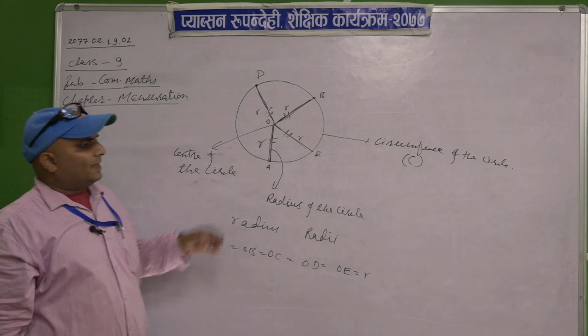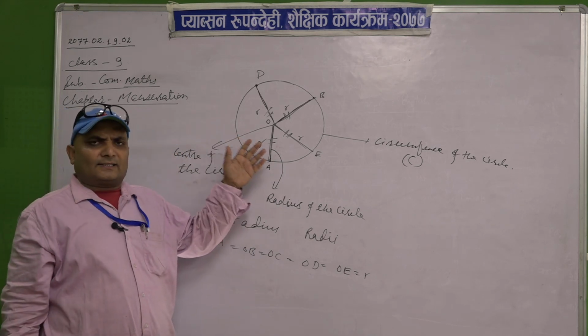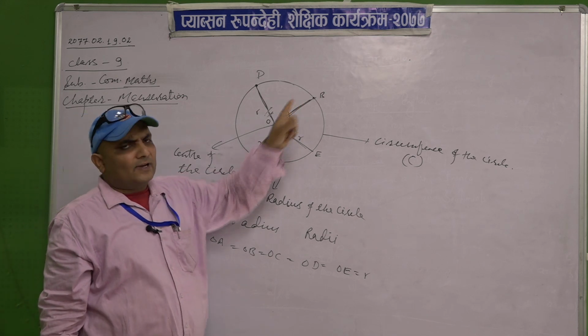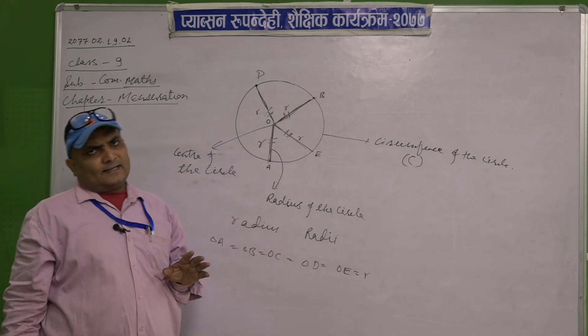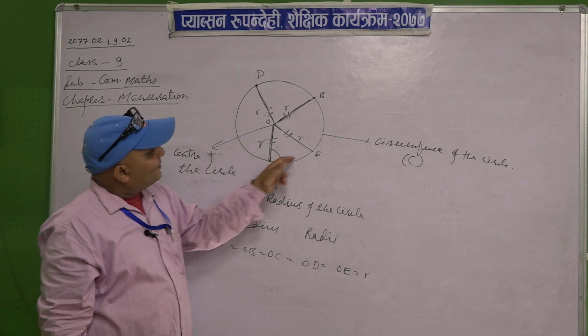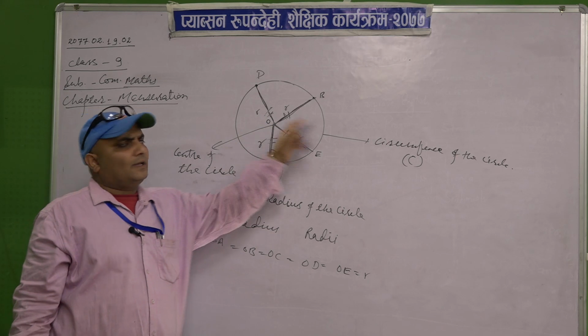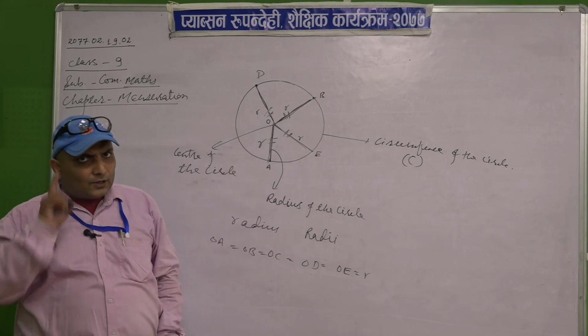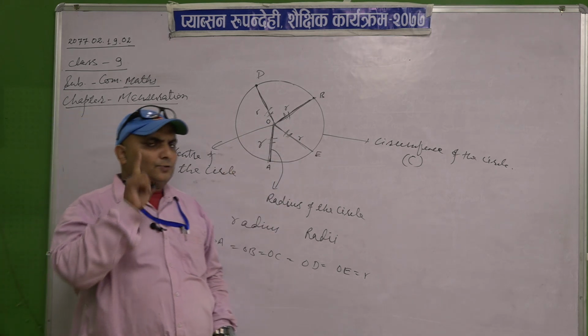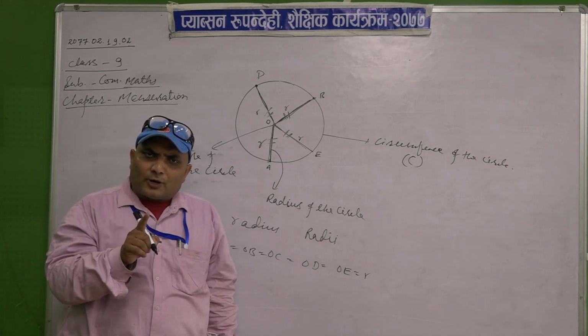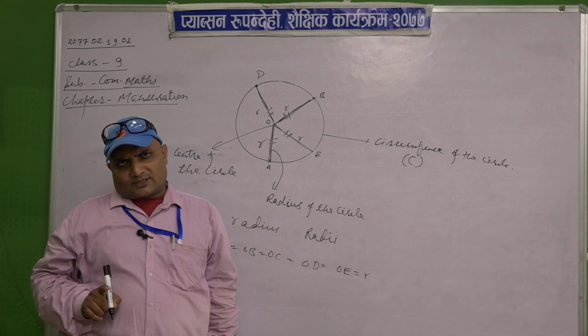So when you see a circle, the line which joins the center and the circumference of the circle is the radius. The radius may be given anywhere. Your concept is only that the radius is the distance between the center point and the circumference of the circle.